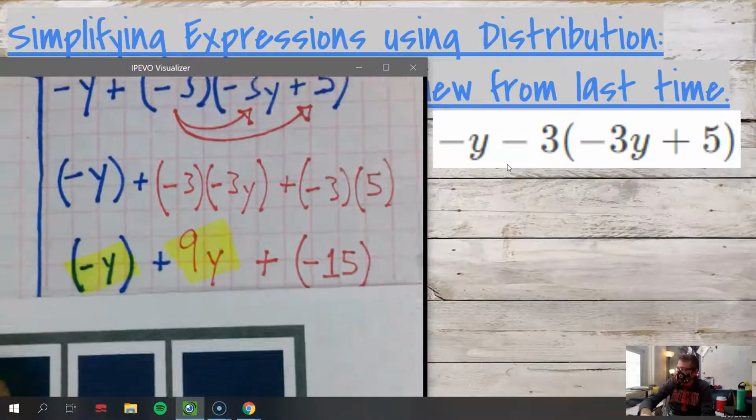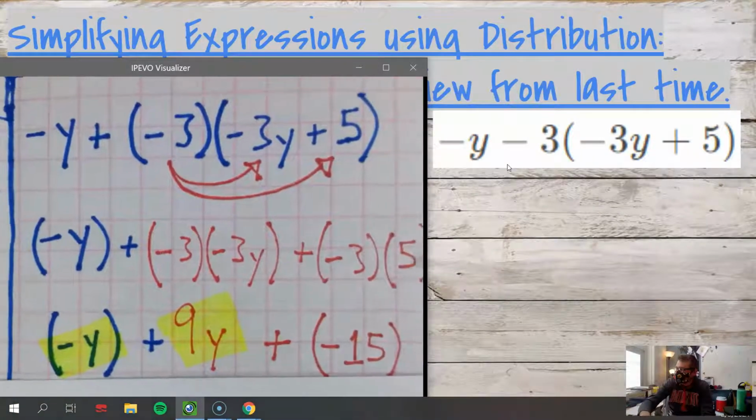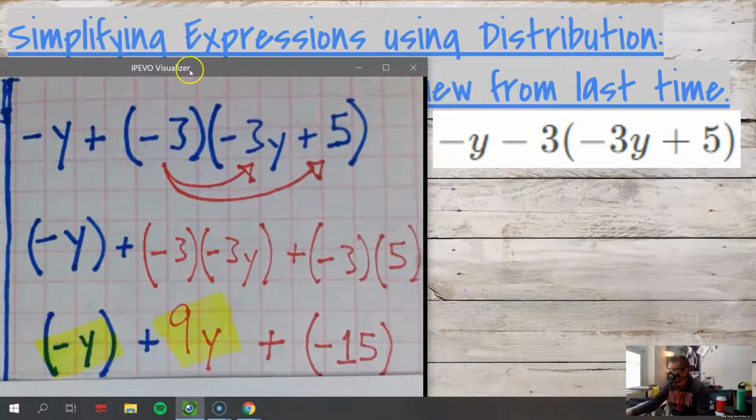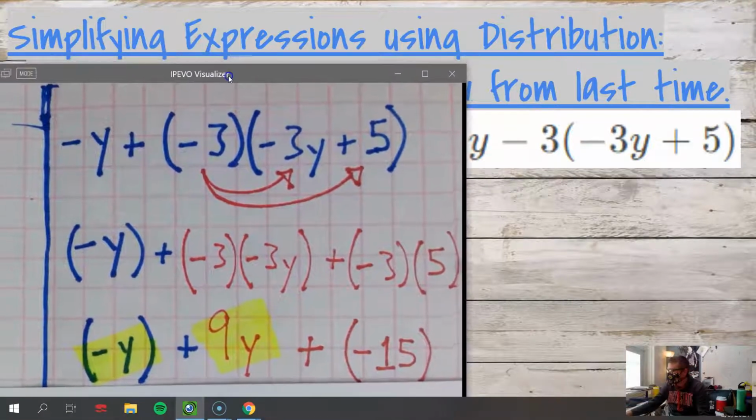Anything in red? I don't know if zooming in will do any good. So, what this says, Gwen, is -3 times -3y. I may try to write it again, like, thicker.